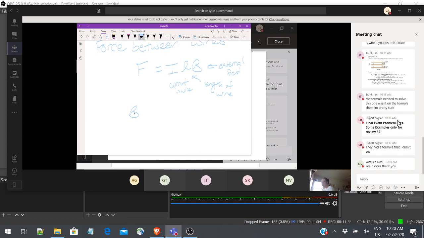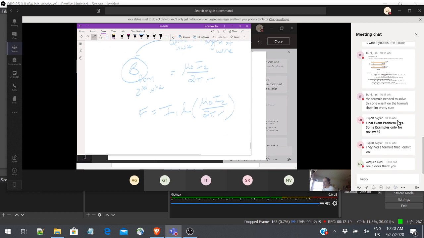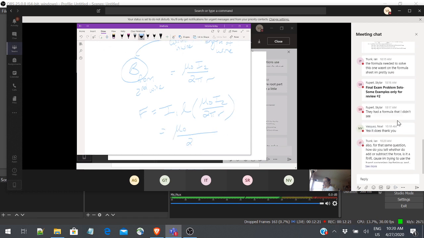It's the field from the second wire, which is mu naught I2 over 2 pi r. If you plug this in, you get I L mu naught I2 over 2 pi r, which rearranges into the equation that they give.